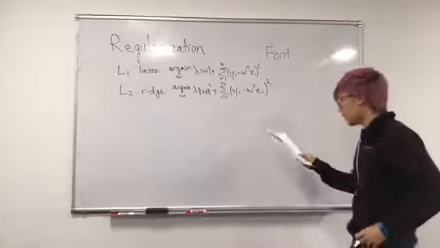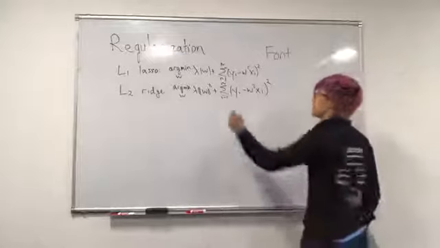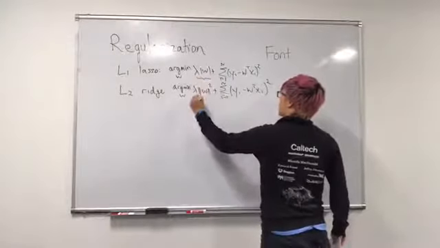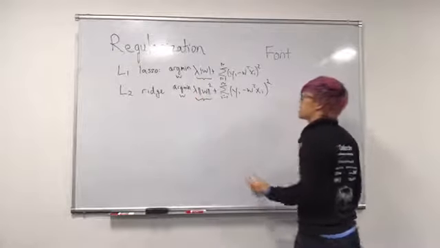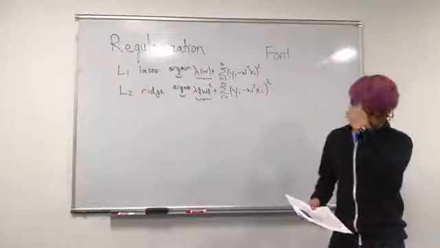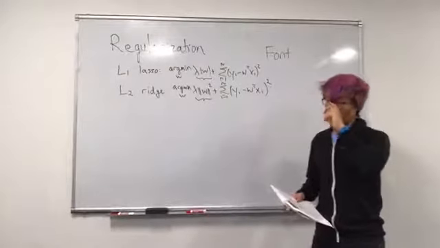Okay. I want to emphasize the main difference here is the regularization term, where here we're trying to reduce the absolute value of our weights, whereas here we're only trying to reduce the L2 norm. As you know from class, this makes a big difference in how your weights get treated, right?